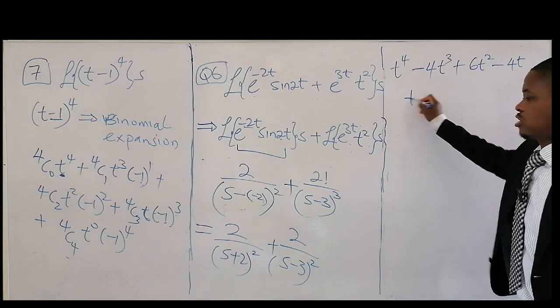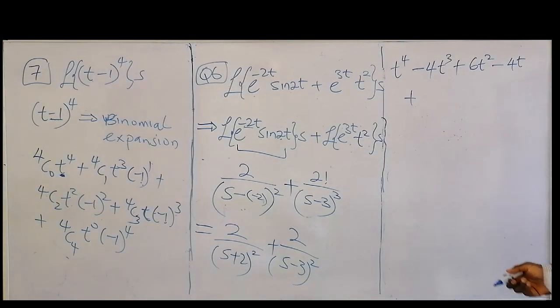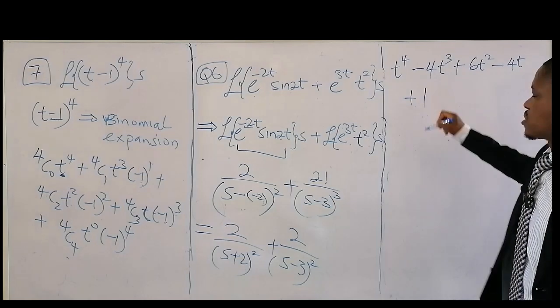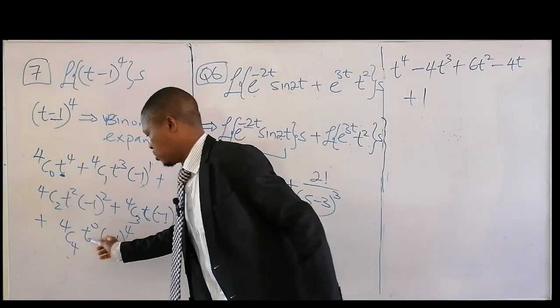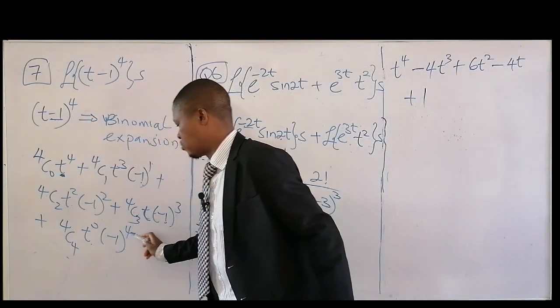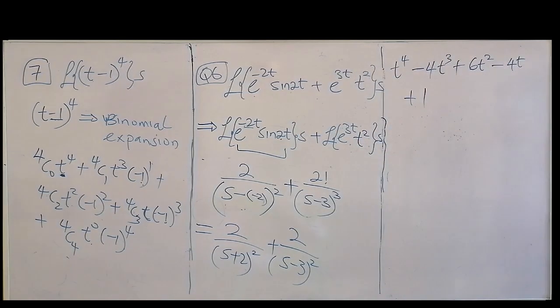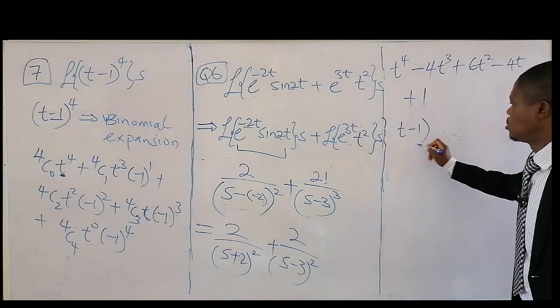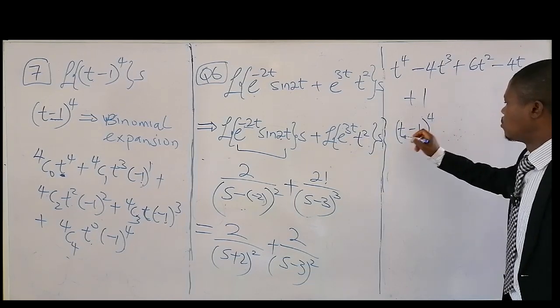Then the final one, plus 4 combination 4 is 1, and then we just have 1 here because t to the power 0 is 1, and minus 1 to the power 4 is 1. So that's what we have now for t minus 1 to the power 4.